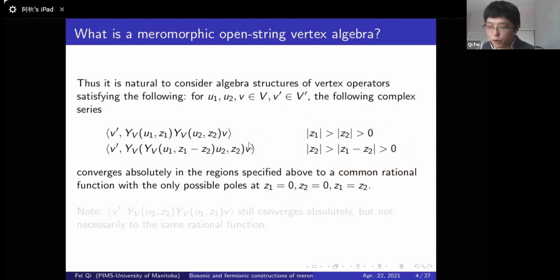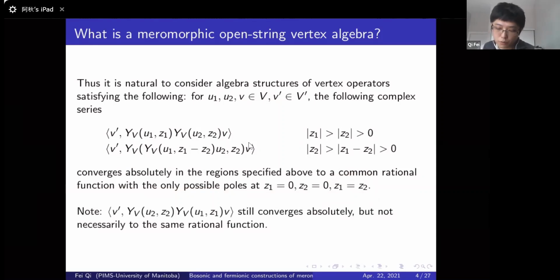And moreover, they have to converge to a common rational function with the only possible poles at z1 equals 0, z2 equals 0, and z1 equals z2. Notice, if you switch the 2 vertex operators, namely you put u2 in the front and u1 in the back, this still converges absolutely, but not necessarily to the same rational function.